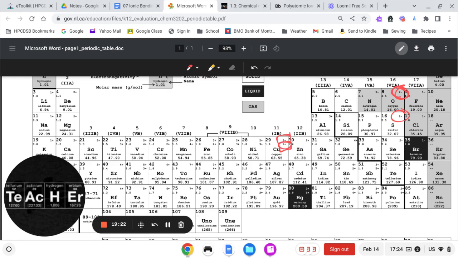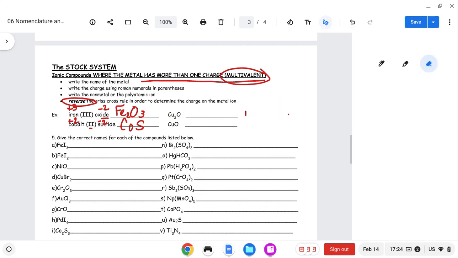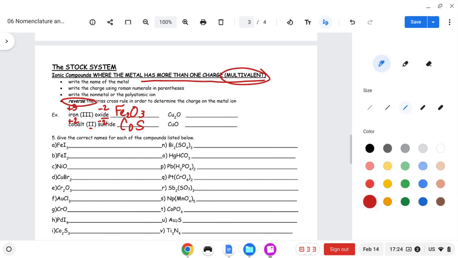And you have to check that because, again, maybe they reduced the subscripts. So let's clean this up and write this down. So this now is telling me that copper has a charge of 1, which we put in brackets, and is bonded with oxide.